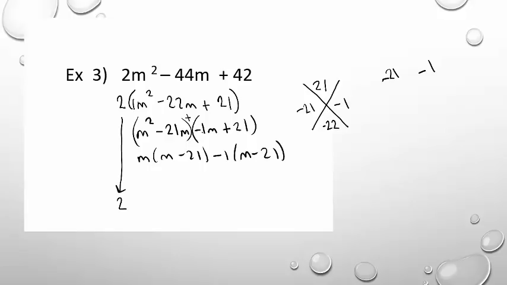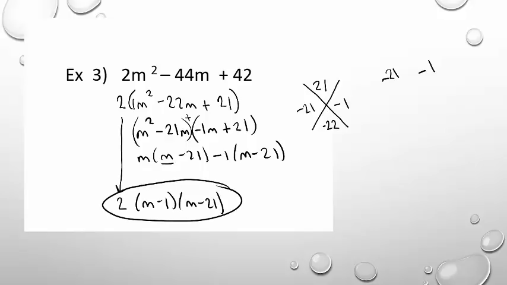And the reason I took a negative 1 out is because I want this to become positive so it matches up with this m. Good, matching parentheses. Time for our answer. We have m minus 1, m minus 21. And we're done.